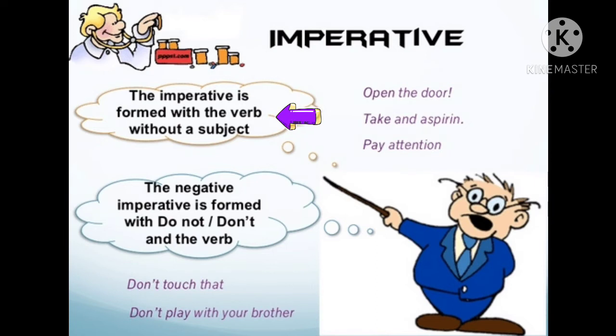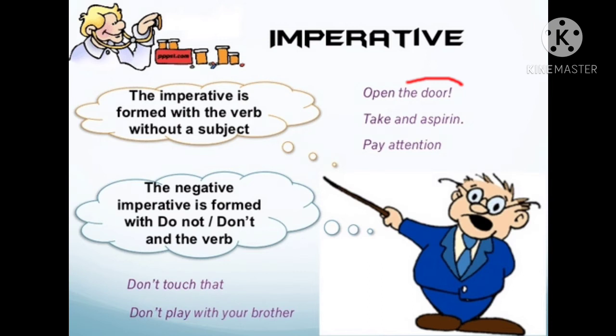The imperative is formed with the verb without a subject. You can see the example, open the door. This consists of verb plus object. Open is the verb that is used, verb 1, and then plus object, the door. So there is no subject in the sentence.